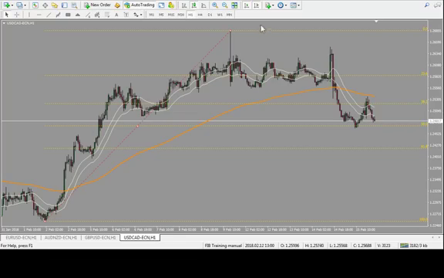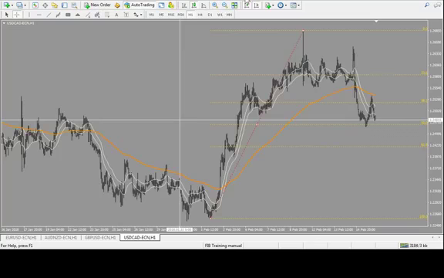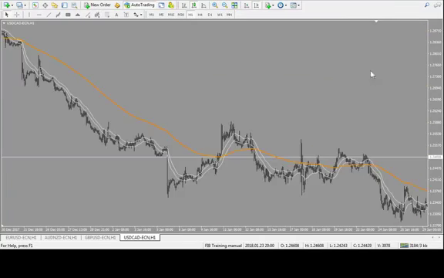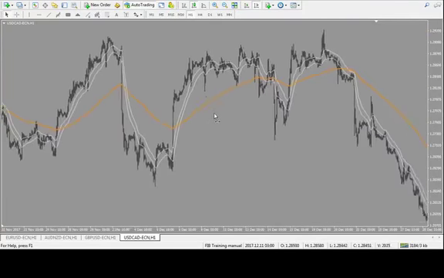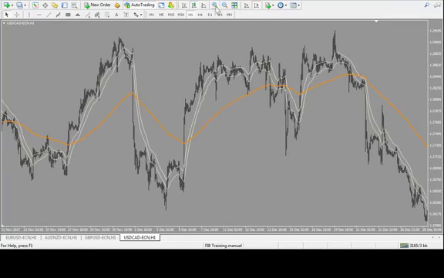Basically, the Fibonacci tool is a tool that you only want to use when price is trending. You don't want to use it when, for example, price is in a range like this, because the retrace relies on price really moving in one direction rather than sideways.